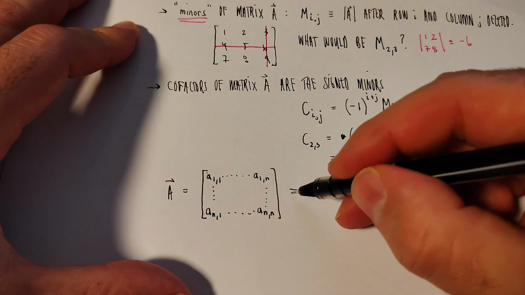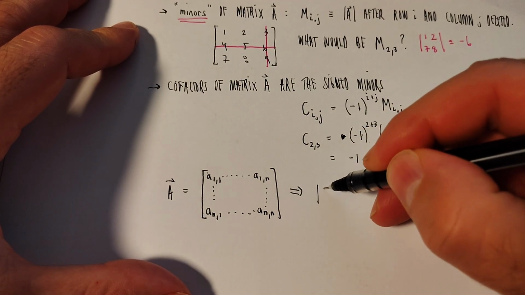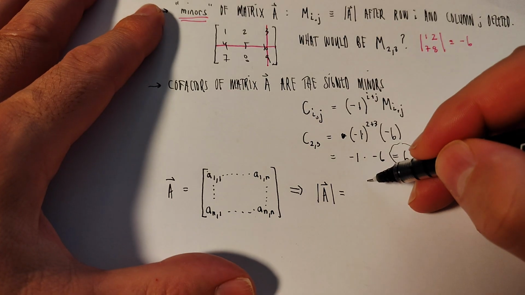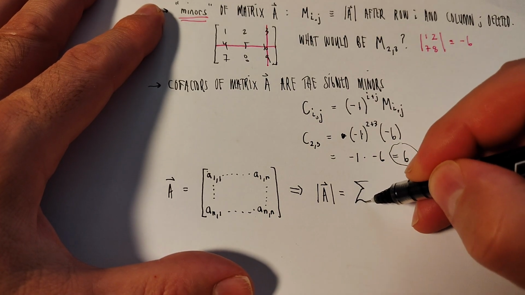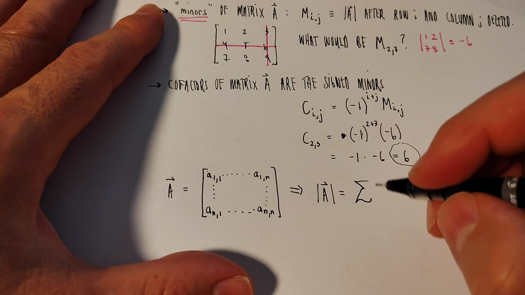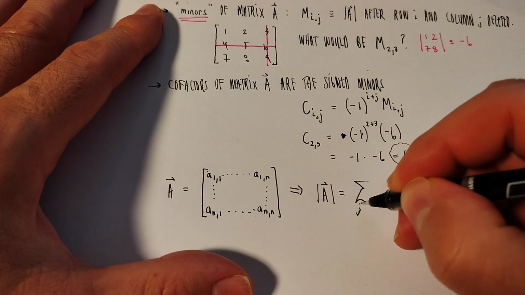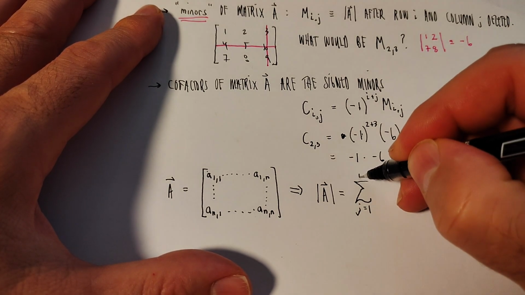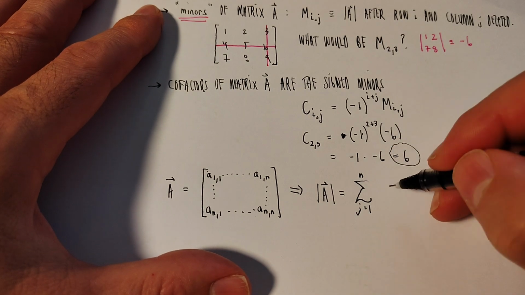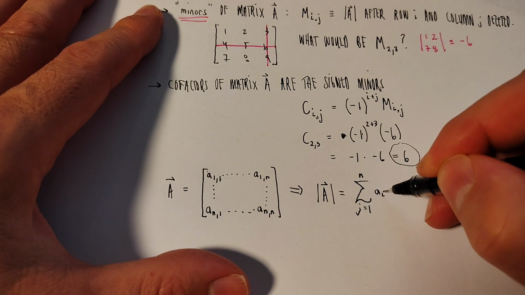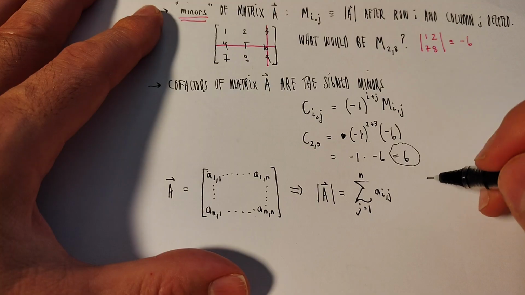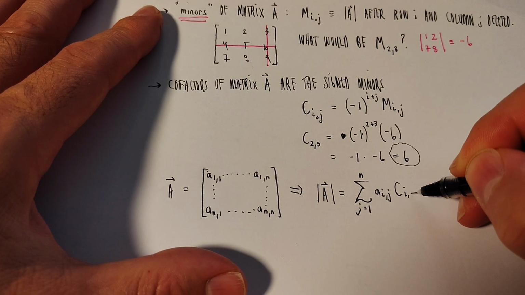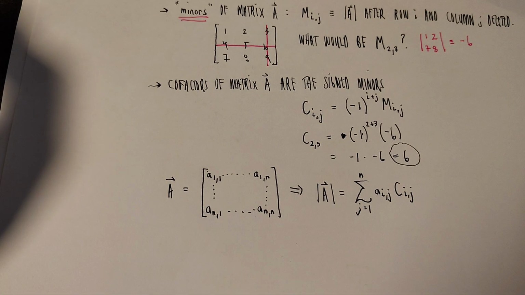Then the determinant of A is equal to, again, we have to sum over some row. So here j equals 1, some column, all the way to n, a, i, comma, j times the cofactor of that, right?